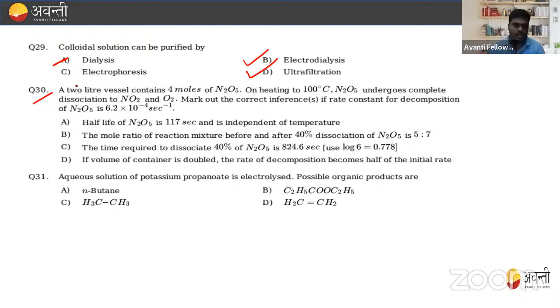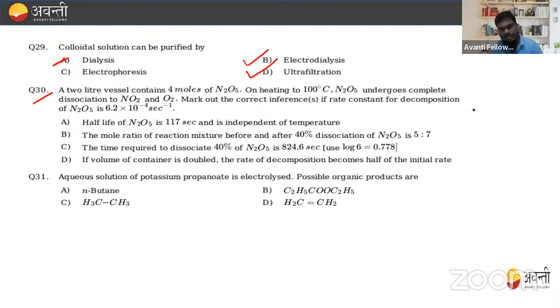Now, question number 30. What does question number 30 ask? A 2-liter vessel contains 4 moles of N2O5. On heating to 100 degrees Celsius, N2O5 undergoes complete dissociation to NO2 and O2. Mark out the correct inference if the rate constant for the decomposition of N2O5 is given.